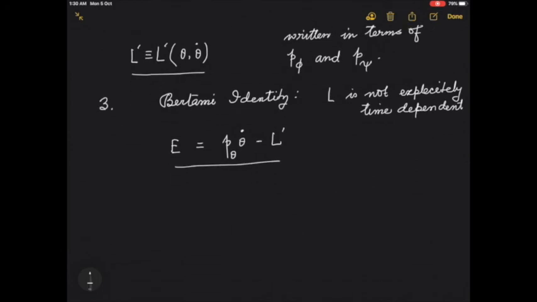And if you remember, what will eventually happen is that I will get E in terms of some kinetic term plus some effective potential. And it is that effective potential, if we analyze, we'll be able to know about the system. So that's the setup that we are trying to use.